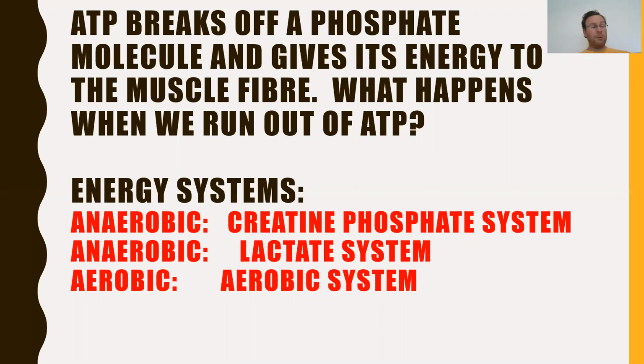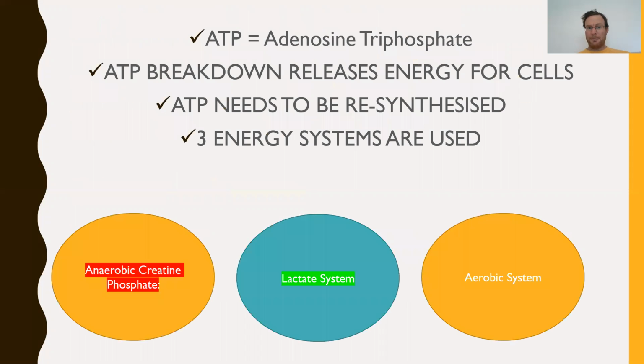So when we run out of ATP, we have to use energy systems to be able to continue exercising. These are the 3 systems that we're going to work at. So where we've got to so far is here. ATP is adenosine triphosphate.